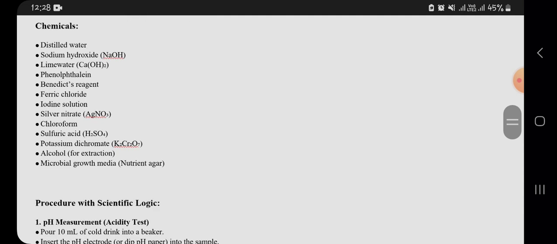Chemicals: distilled water, sodium hydroxide, lime water, phenolphthalein, Benedict's reagent, ferric chloride, iodine solution, silver nitrate, chloroform, sulfuric acid, potassium dichromate, alcohol, microbial growth media.